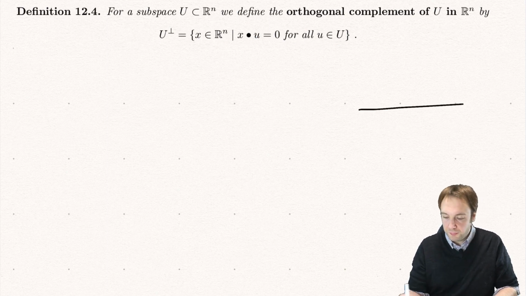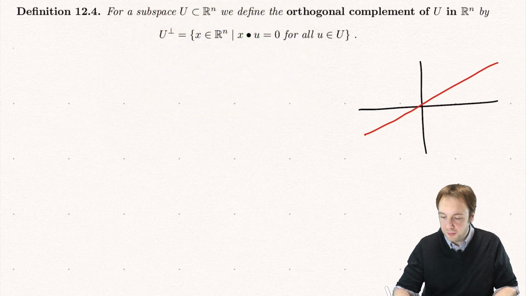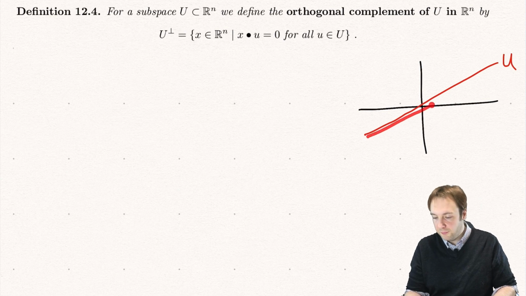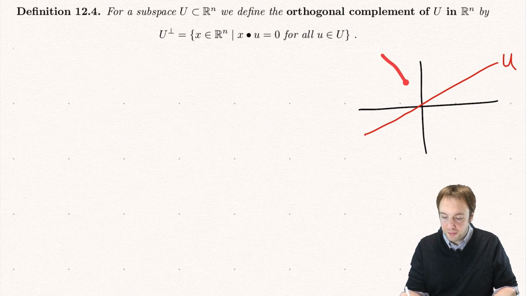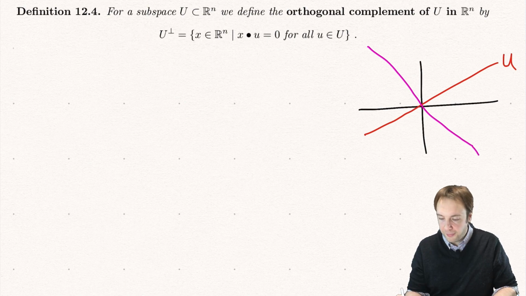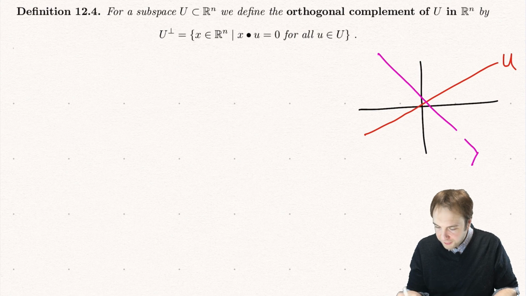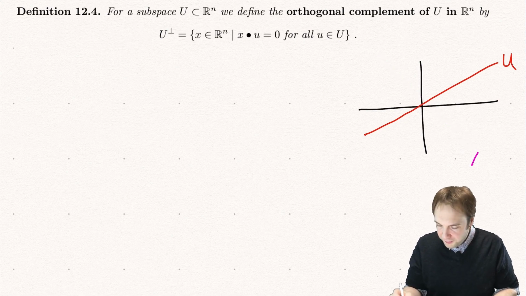So for example, if I have a line, so if this is my subspace U, what is the orthogonal complement? First, we learned a line through the origin is a subspace in R^2, and the orthogonal complement of this subspace U in R^2 is exactly this line here.